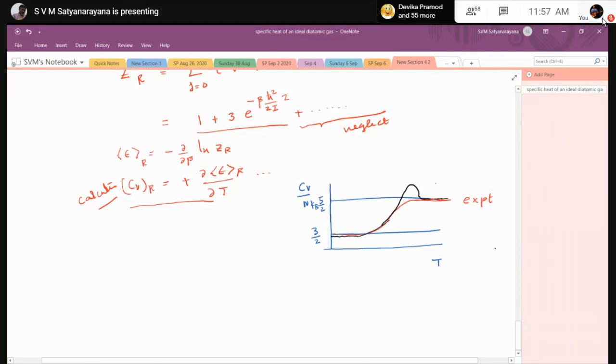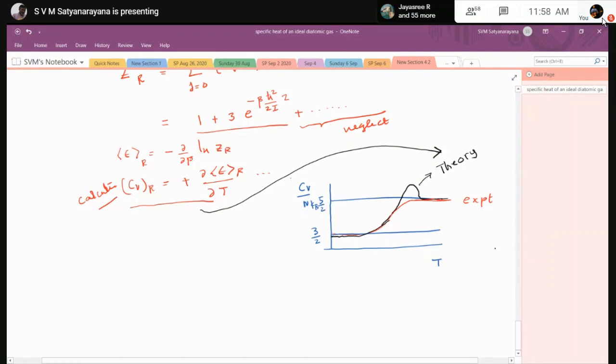Okay, this is theory. This theory gives you a kind of hump, and it agrees with the experiment at a much lower temperature, but at this point there is a deviation.